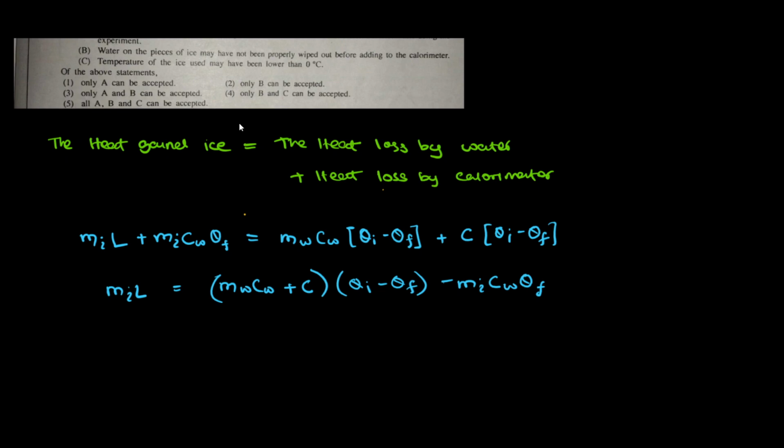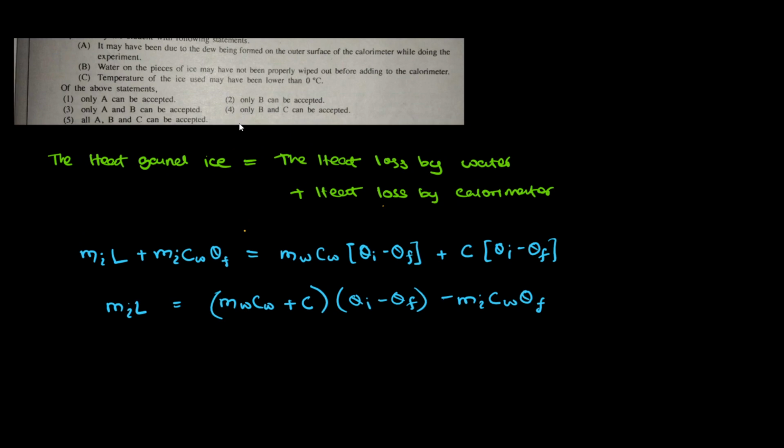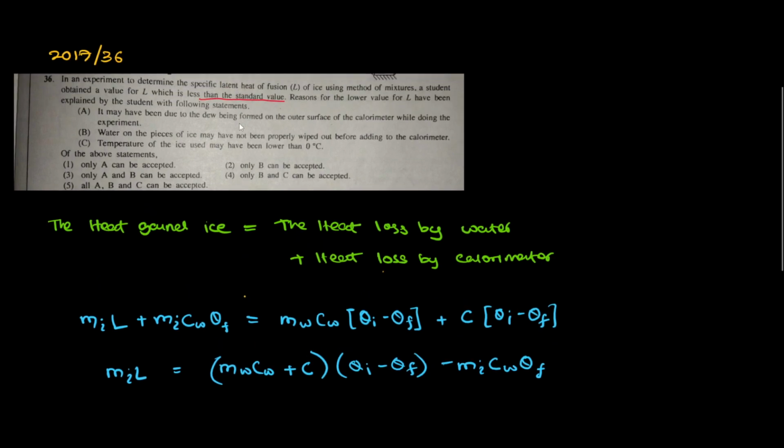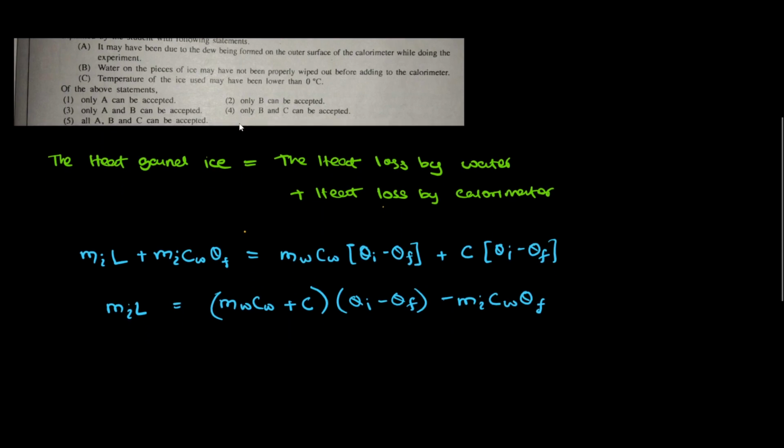So now let's see what are the factors that are going to change. First, A. It may have been due to the dew being formed on the outer surface of the calorimeter while doing the experiment. When dew forms, we know that dew is condensing of water, right? So when water condenses, it releases energy.